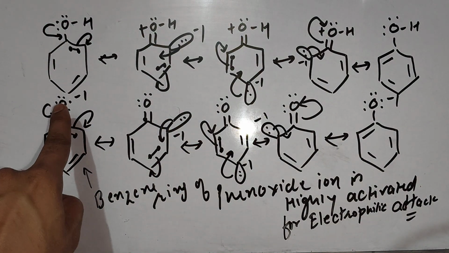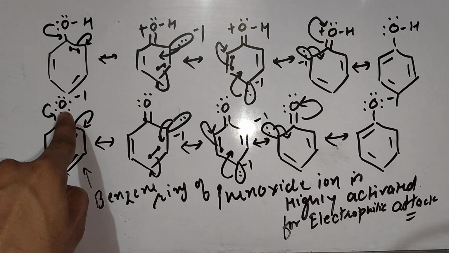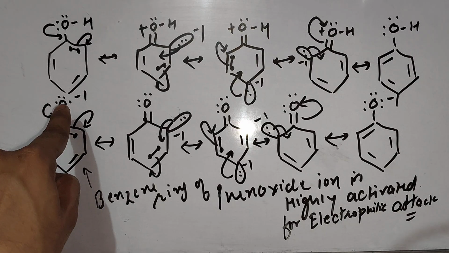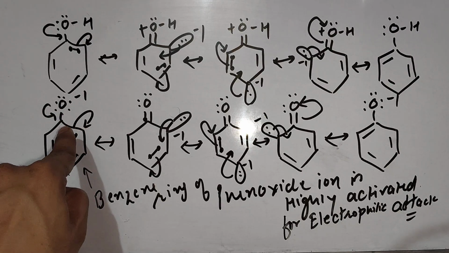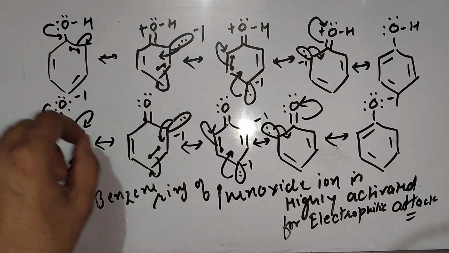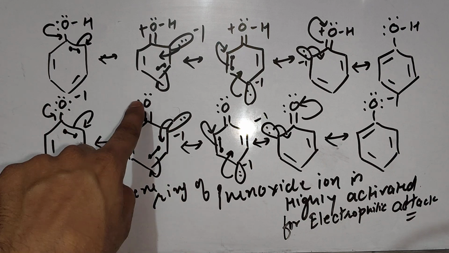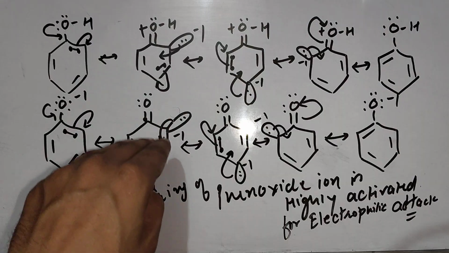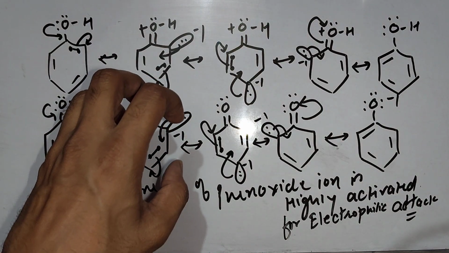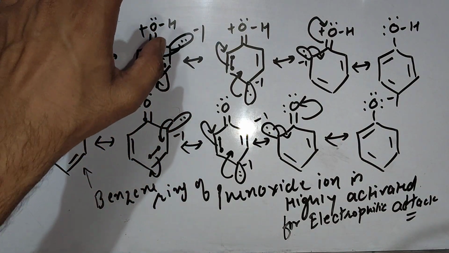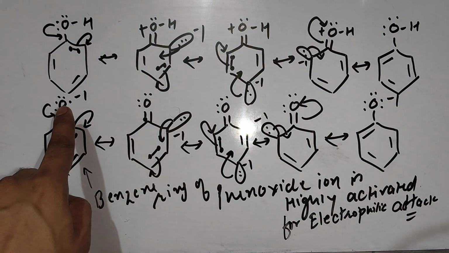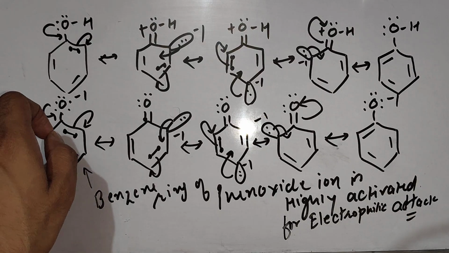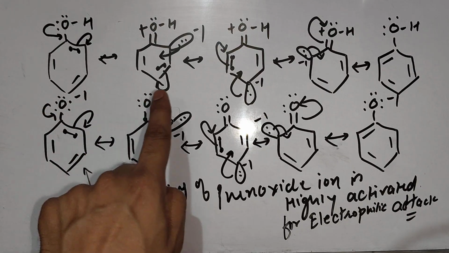Whereas in the phenoxide ion, the oxygen which is attached to the benzene ring is already unstable. So it will not hesitate to donate electrons in the benzene ring, because after donation of electrons into the benzene ring, it is getting stability. That's why this benzene ring will have higher electronic density as compared to the benzene ring of phenol, because its oxygen is eager to deliver electrons into the benzene ring, since after delivering, the oxygen is getting stability.